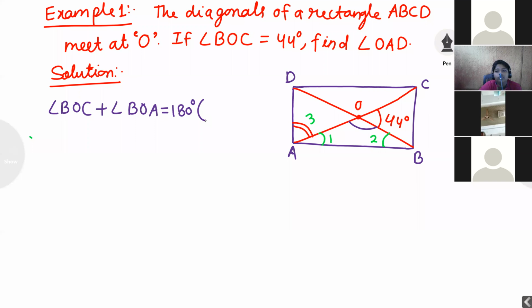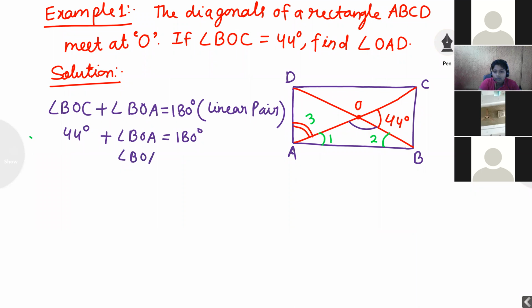Linear pair angles. Now angle BOC, already given as 44 degrees, plus angle BOA is equal to 180 degrees. Angle BOA is equal to 180 degrees minus 44 degrees is equal to 136 degrees, right?